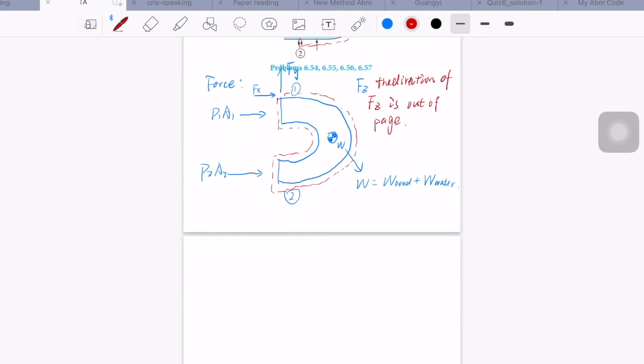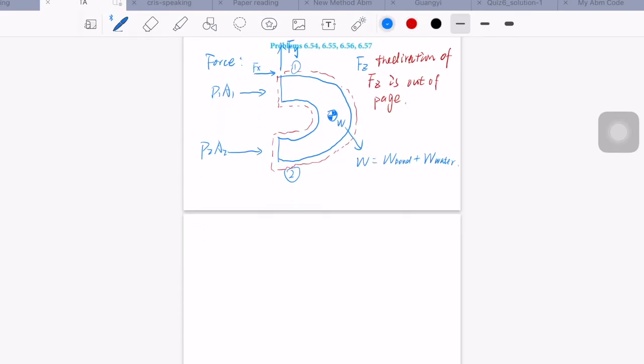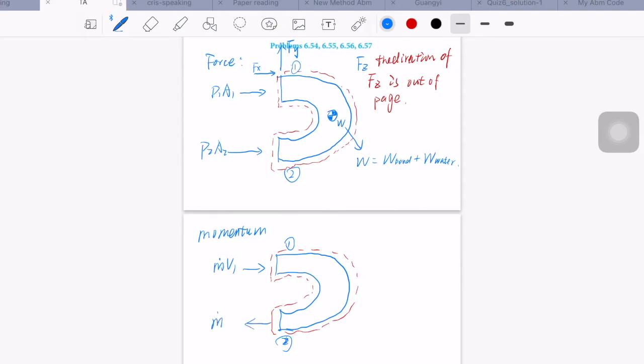And then we need to sketch the momentum diagram. Section 1, section 2, CV. From the problem, we know at the inlet it is m dot times v1, and at the outlet it's m dot times v2.